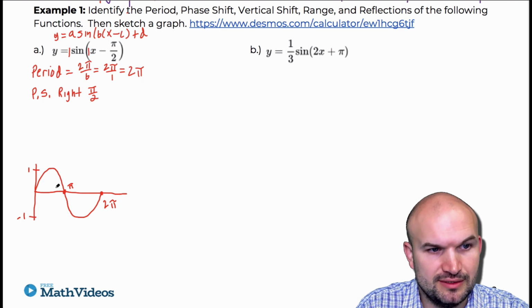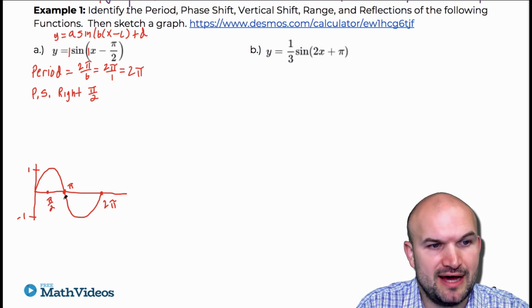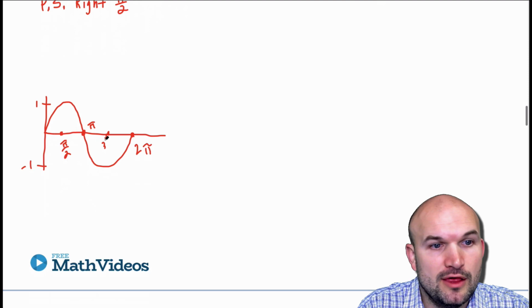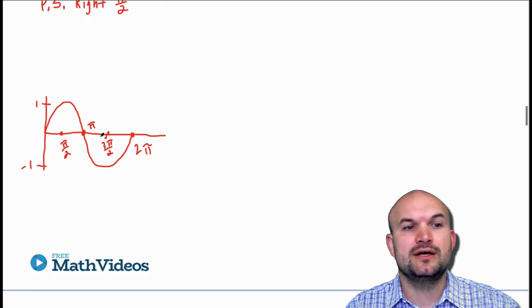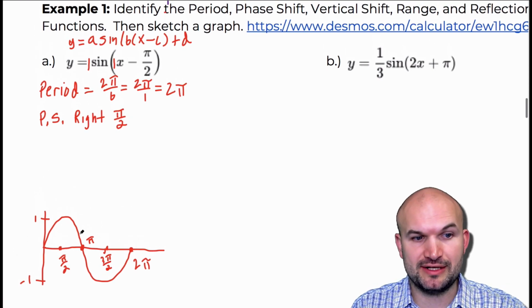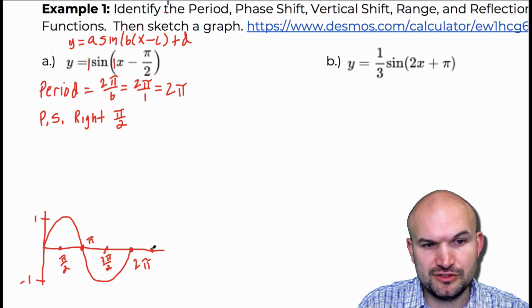Let's actually put in some points here. There's pi halves, and this point would be 3 pi halves. What's happening here is the graph is being shifted pi halves to the right. So basically all these points are going to be moved over pi halves to the right.